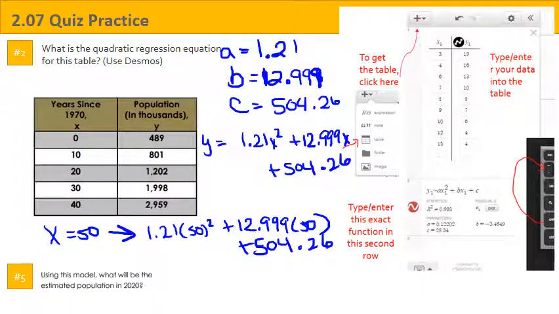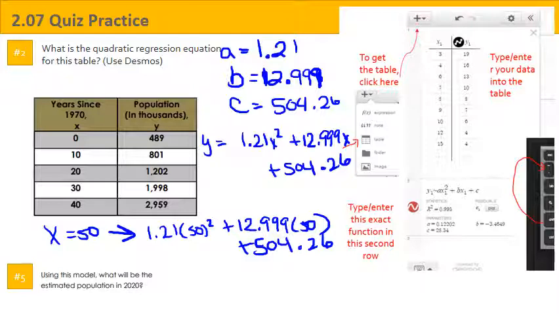All right, so I have 1.21 parentheses 50 close parentheses squared plus 12.999 times 50 plus 504.26. All right.